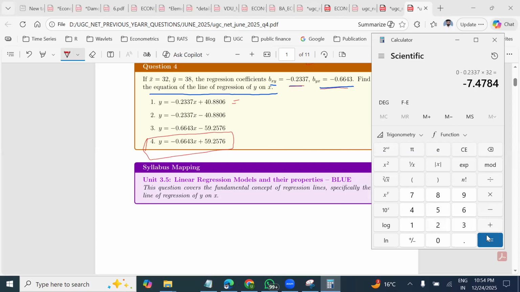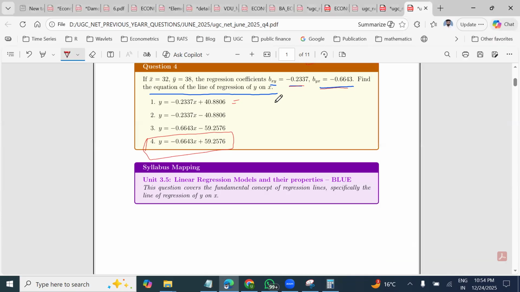Minus 7.4784 plus 40.8806. Is it clear? So how much are we getting? 33.4022. Is it fine?